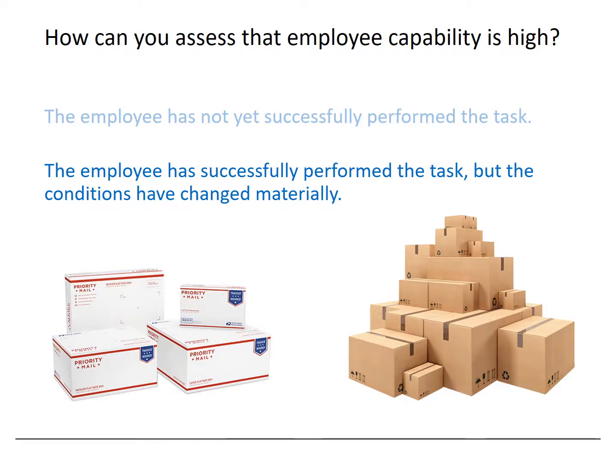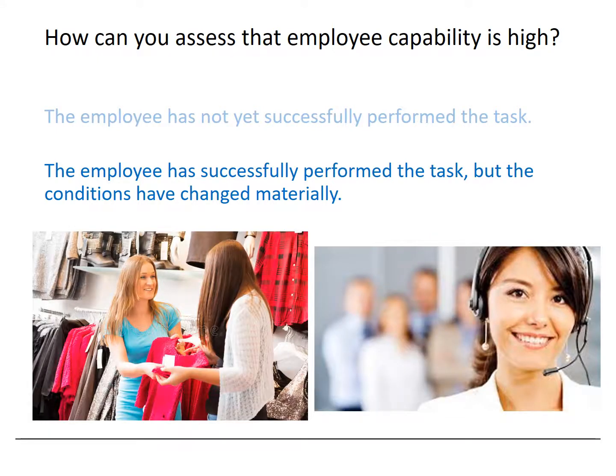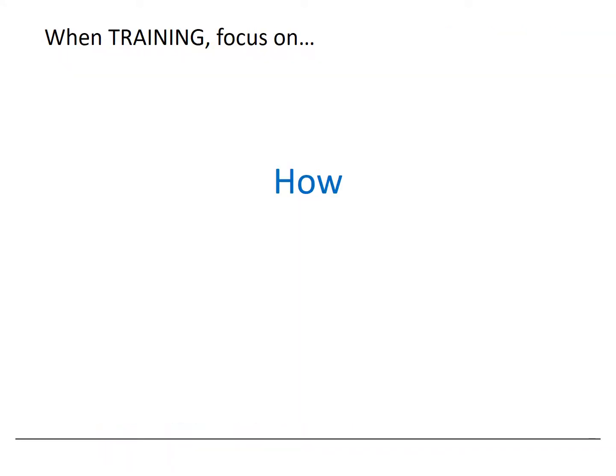And now the conditions are very different for a shipment with dozens of boxes. The employee may have successfully sold a product in a face-to-face live store environment and now must sell in an entirely different call center environment. In all of these cases, you can't assume that just because the employee was successful under one set of conditions, they'll also be capable in different conditions.